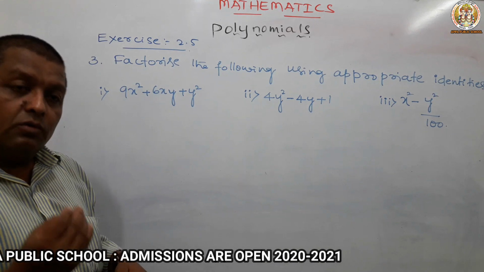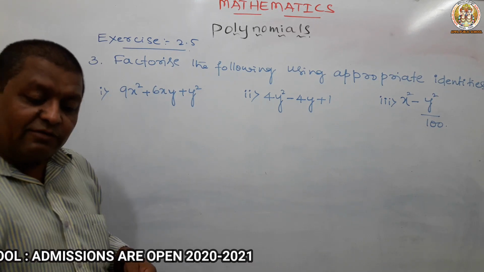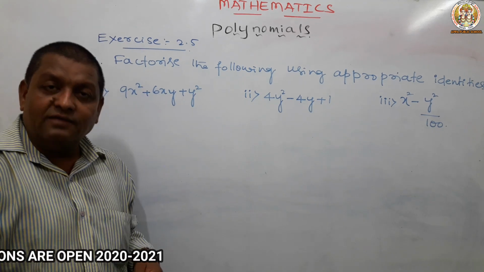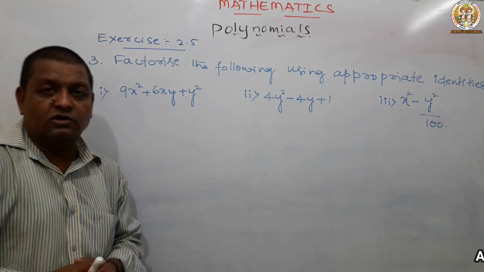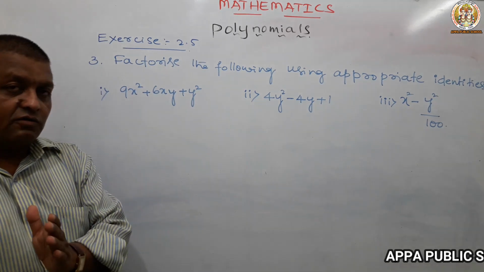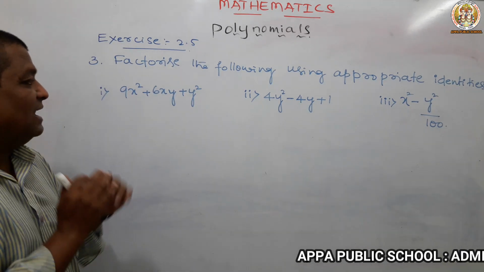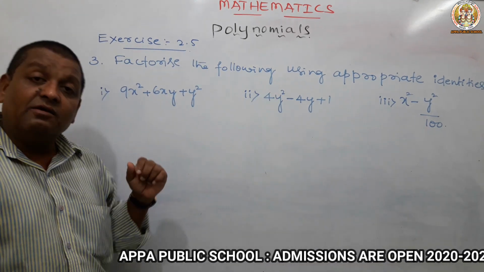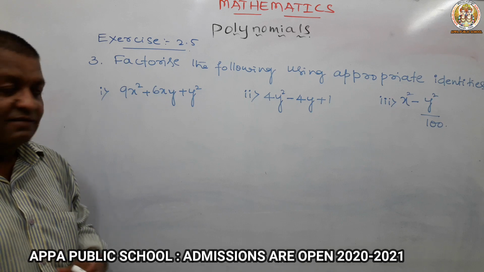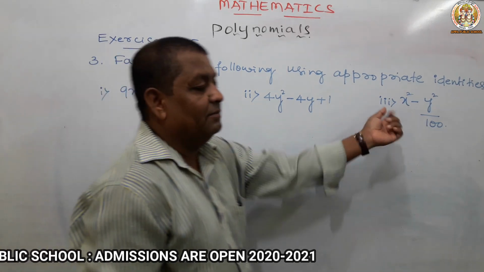So also know x square plus 2xy plus y square is equal to x plus y whole square. So this is called converse. LHS to RHS, also be sure of RHS to LHS. So by using this converse idea, the reverse idea of the identities, we are going to solve these sums.